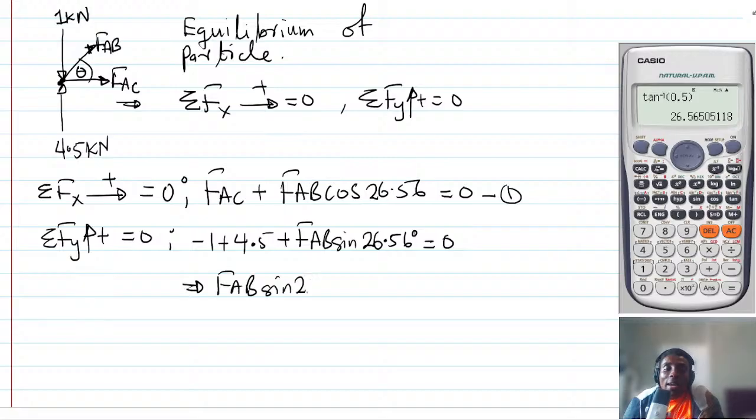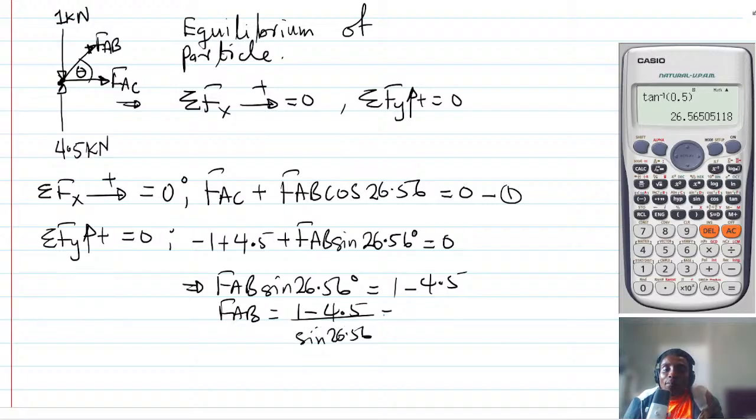FAB sine 26.56 should be equal to 1 minus 4.5, so FAB will be 1 minus 4.5 divided by sine 26.56.